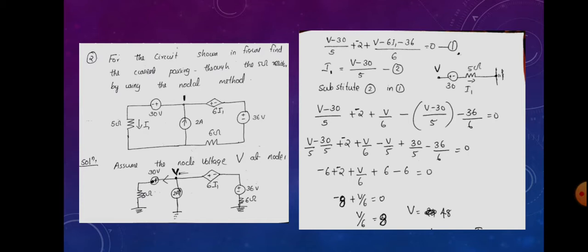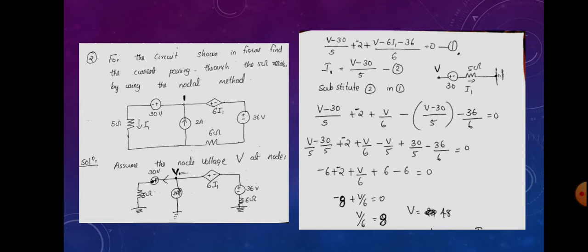The 2 ampere current source is marked, with current flowing into the node, and there is a dependent voltage source with value 6I1, and a 36 volt battery, which is then connected to a 6 ohm resistor, and the 6 ohm resistor is then connected to ground, the reference node.